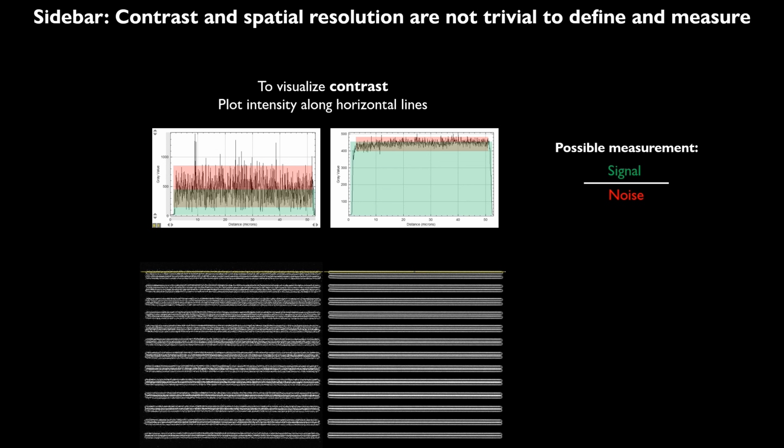Once we have those two numbers, we can divide one by the other, and that can be called a signal to noise ratio. So that is one way. There are others of measuring the contrast, and that allows us to compare these two samples and capture this thing that we see visually, which is that the one on the right, there's some measure of quality that's clearly better than the one on the left.